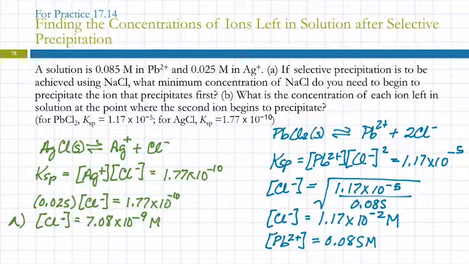What's the concentration of the silver? This is the concentration of chloride. We plug this chloride ion concentration in over here and calculate the silver ion concentration. That's the concentration of silver that's left in solution, the rest of it precipitated. That make sense?